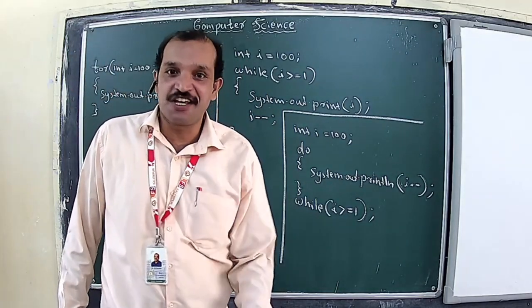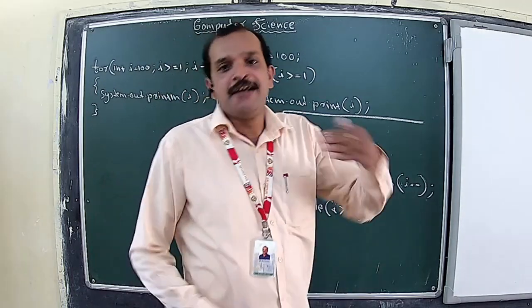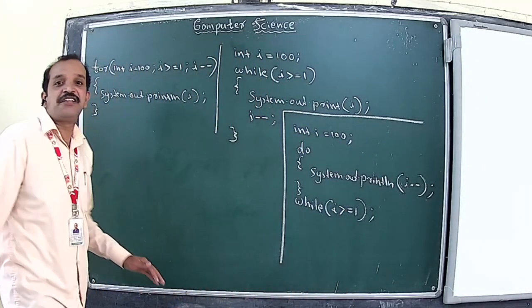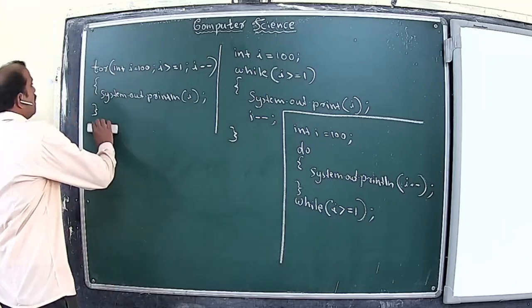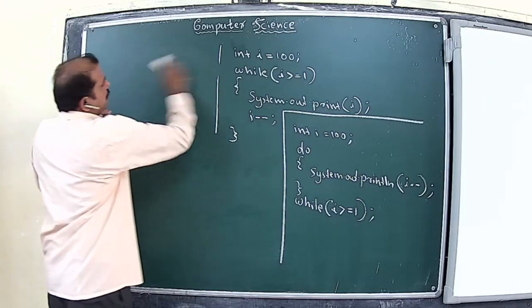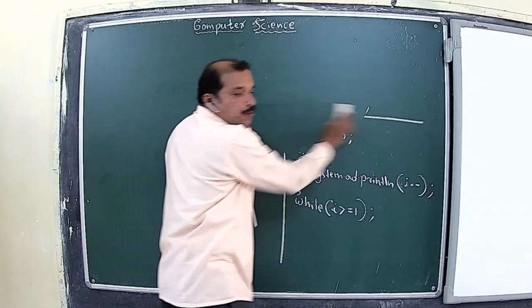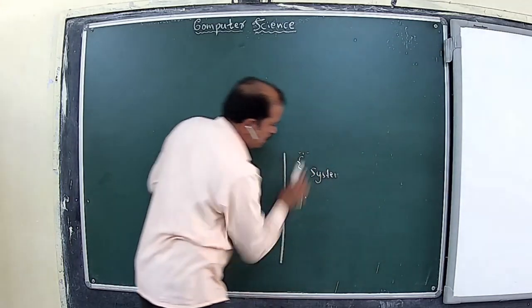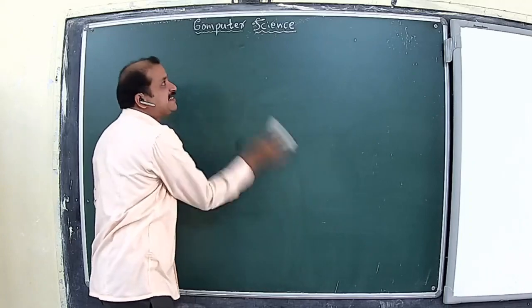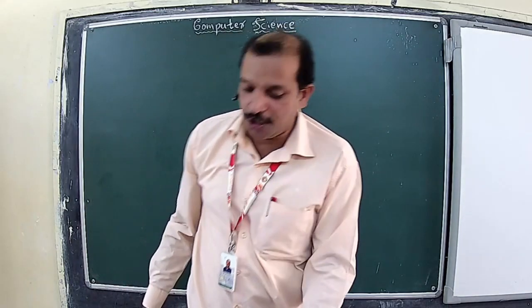So this concept is clear. Having this concept clear, we will move to the next topic, that is nested loop. As you have already learned in class 10, a nested loop is a loop where one loop is placed inside another loop.